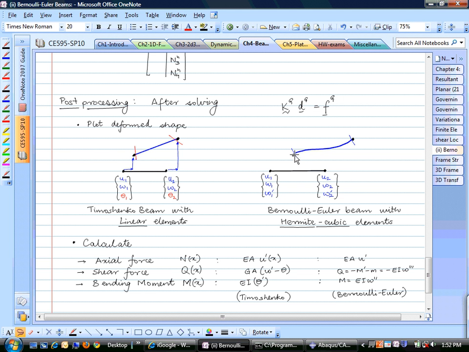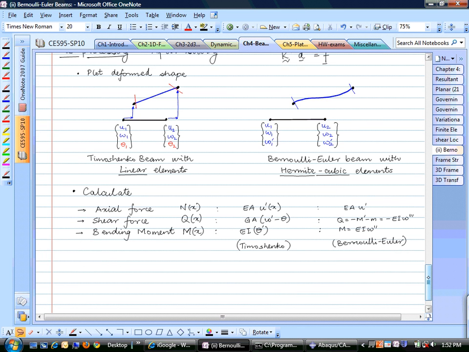That's how you would plot the deformed shape. And in this case, W1 prime is dependent on W1. You just take the derivative of that, and the cross section always remains normal to the beam axis. So that's how you would plot the deformed shapes for the beam elements.